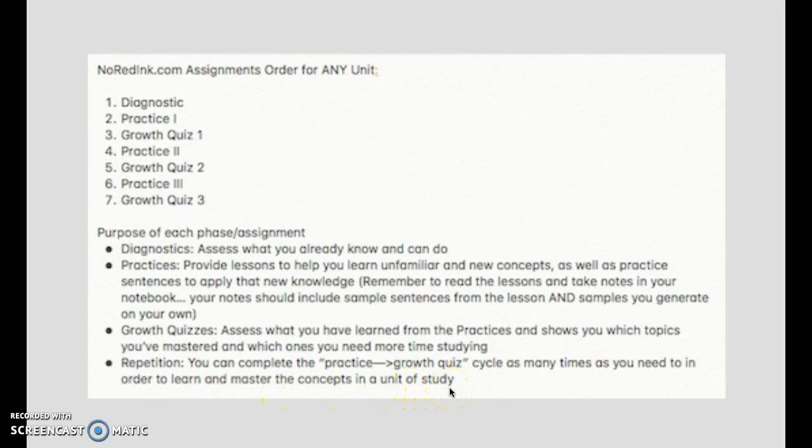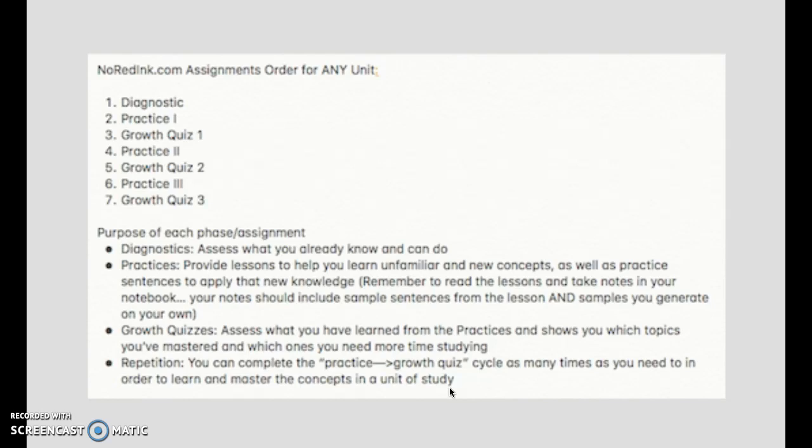When you've mastered the stuff in the unit of study, I expect to see evidence of that in your writing. So we don't do noredink.com just because it's like within noredink.com, it's a cool thing to do. No, we do it because learning this stuff makes us stronger writers if we apply what we're learning in our writing.